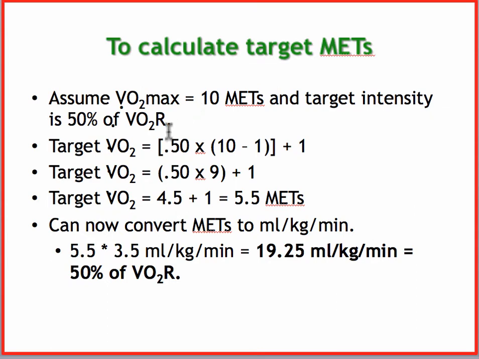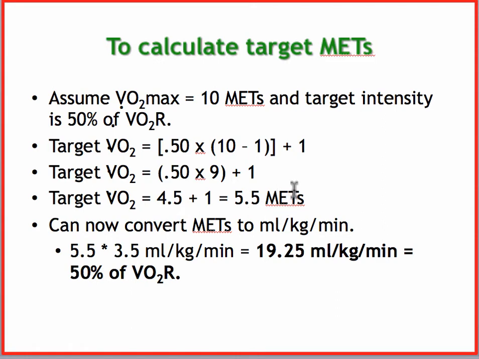It'll give you the VO2 reserve in METs, and then you add the resting VO2 of 1 MET, and that gives you the exercise intensity that is 50% of their VO2 reserve, but now it's in METs.